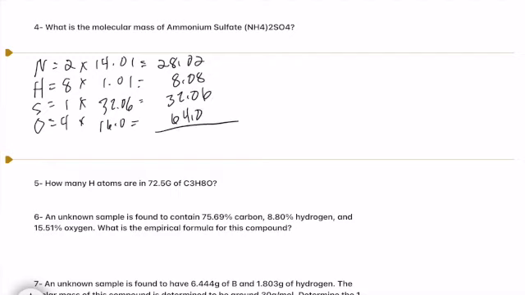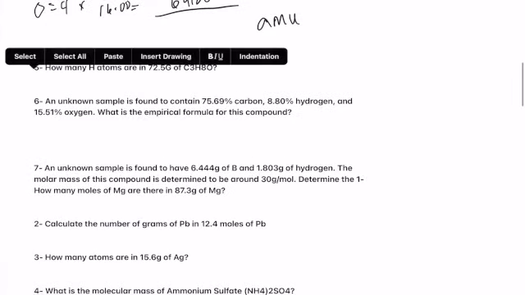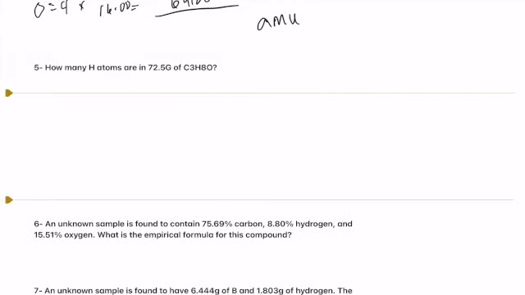And 4 times 16.00 is 64.00. Add those together, and that's going to give you your molecular mass. Because we're looking at molecular mass, remember we're in AMUs, we're not looking at moles. So we're not looking at grams.